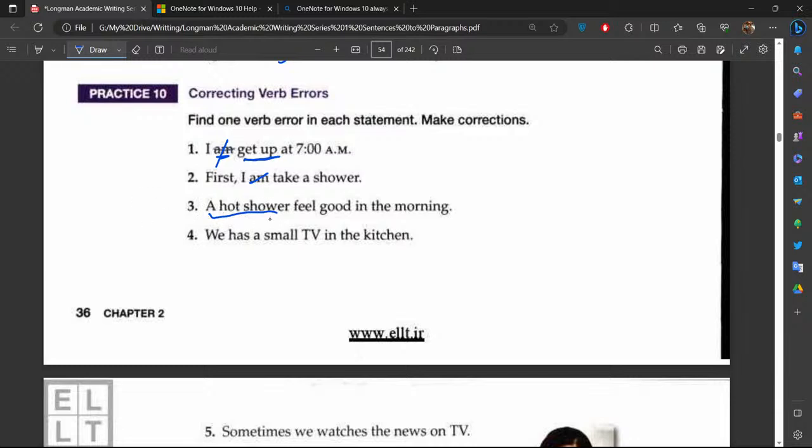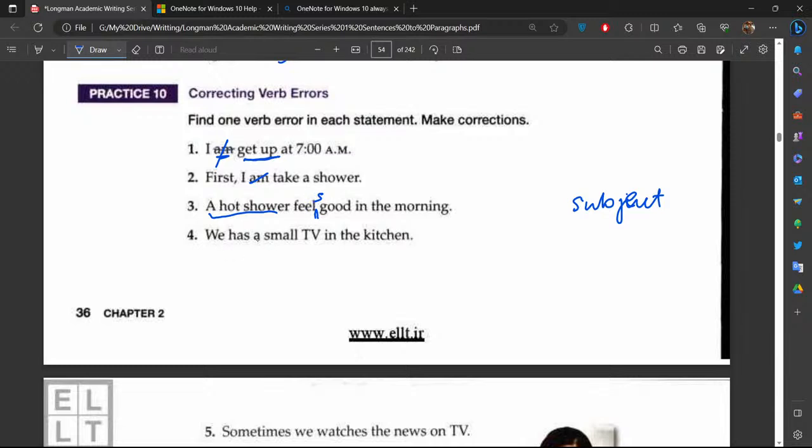A hot shower is a singular subject. So we say feels, we add here an S.